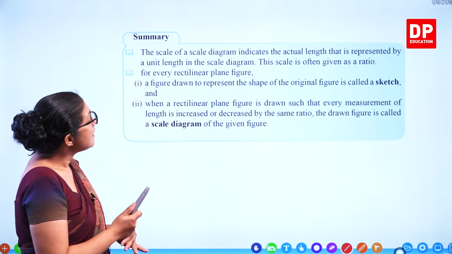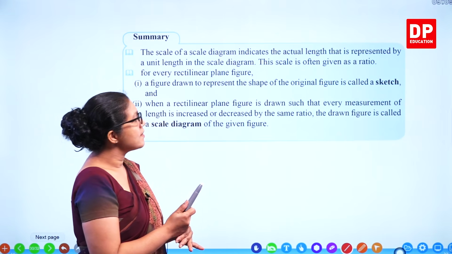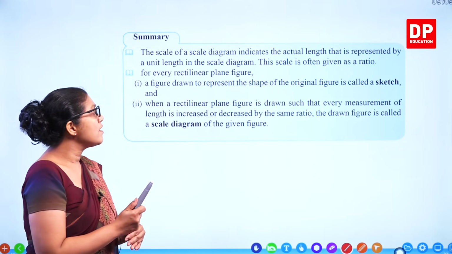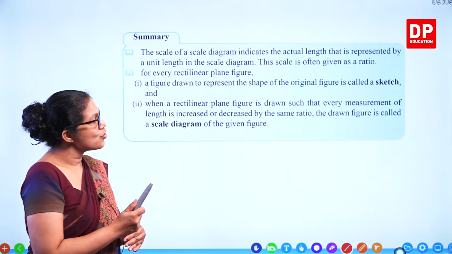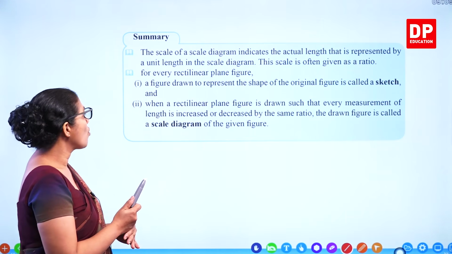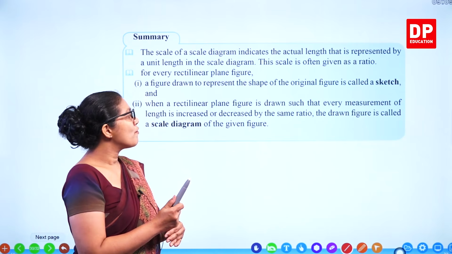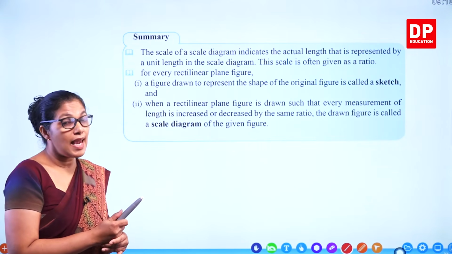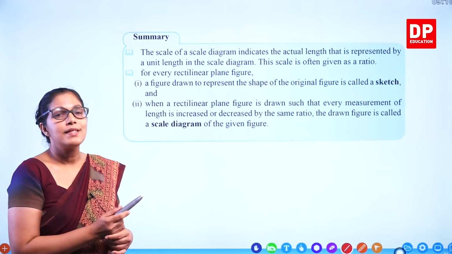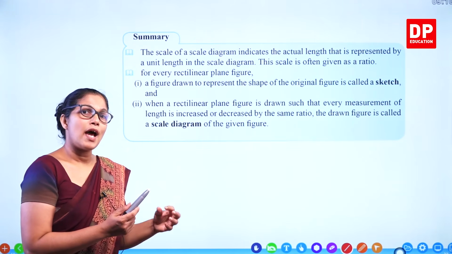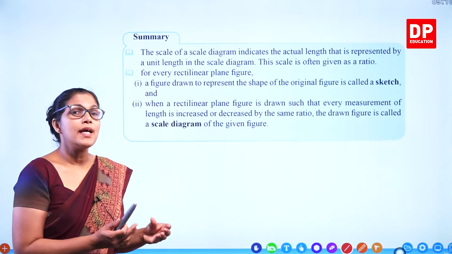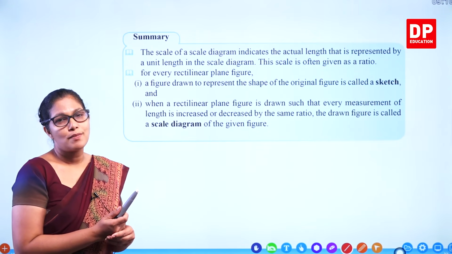And when a rectilinear plane figure is drawn such that every measurement of length is increased or decreased by the same ratio, the drawn figure is called a scale diagram of the given figure. So now you know, if you know the scale, how to draw scale diagrams. Sometimes smaller ones to a bigger one or bigger diagrams to a smaller scale.